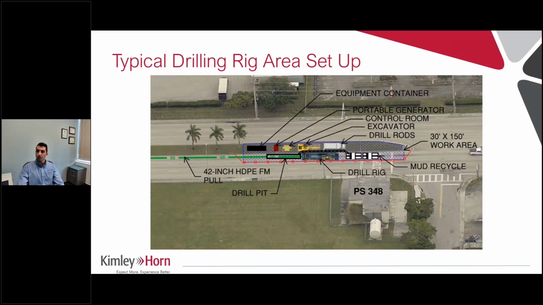As part of this project, we anticipate mud recycling equipment, so we accounted for that in the work area as well. As you can see, here's pump station 348. This is on the south side of this project, right?